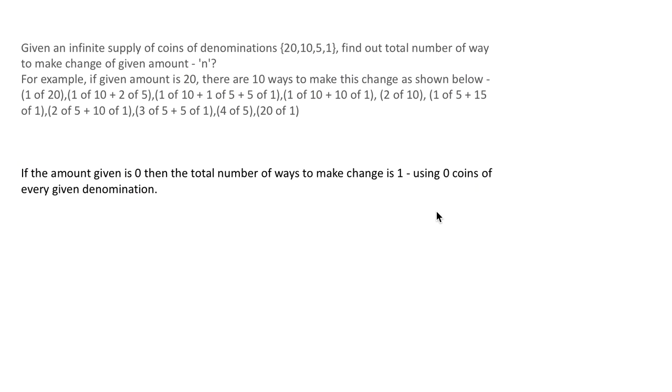What is the base condition? If the given amount is 0, then the total number of ways to make change is 1. Don't include any coin from the given denomination set. That is also a way. That is a solution.